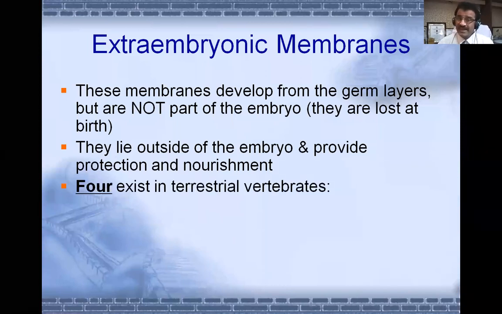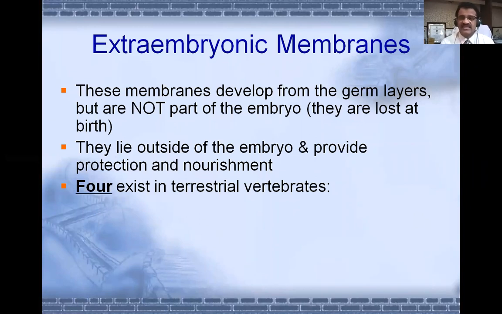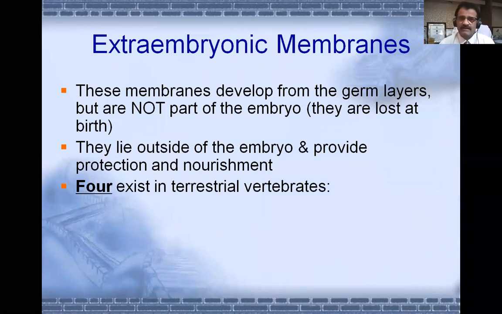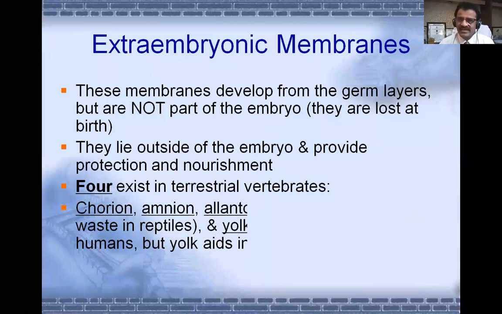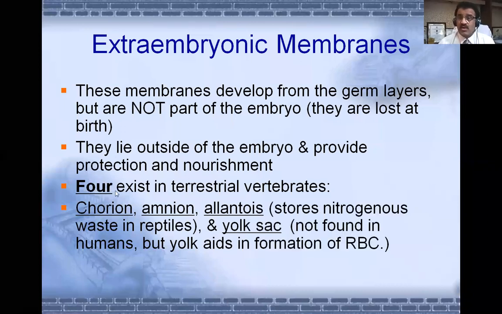Now, 4 exist in terrestrial vertebrates. In all terrestrial vertebrates, the first 4: the chorion, amnion, allantois and yolk sac. The chorion, amnion and allantois store nitrogenous wastes in reptiles also.